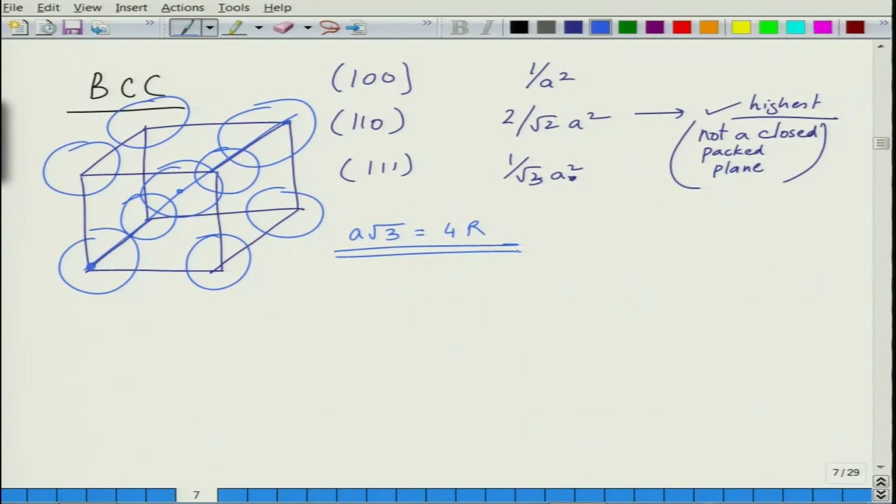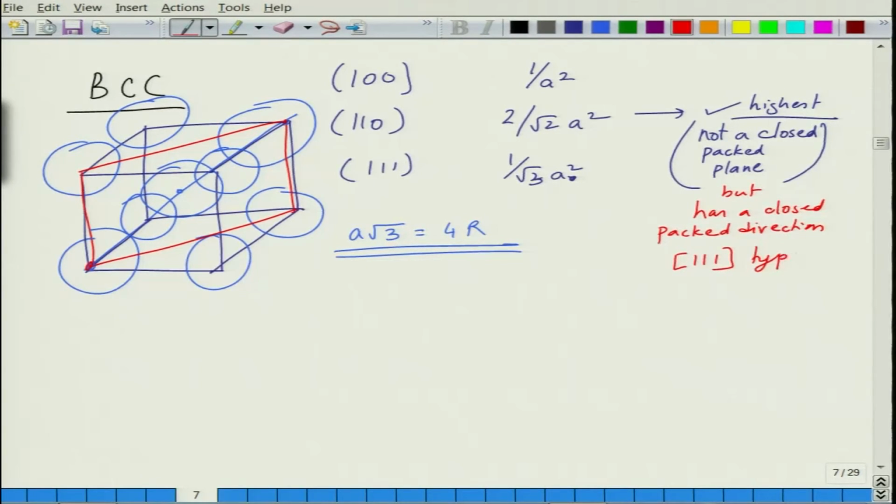So, this 110 plane itself is not a closed packed plane, but it is the plane with highest density. All the planes are going to be smaller density, but it has a closed packed direction. And you can work this direction out. This direction from here to here is a 111 type direction.